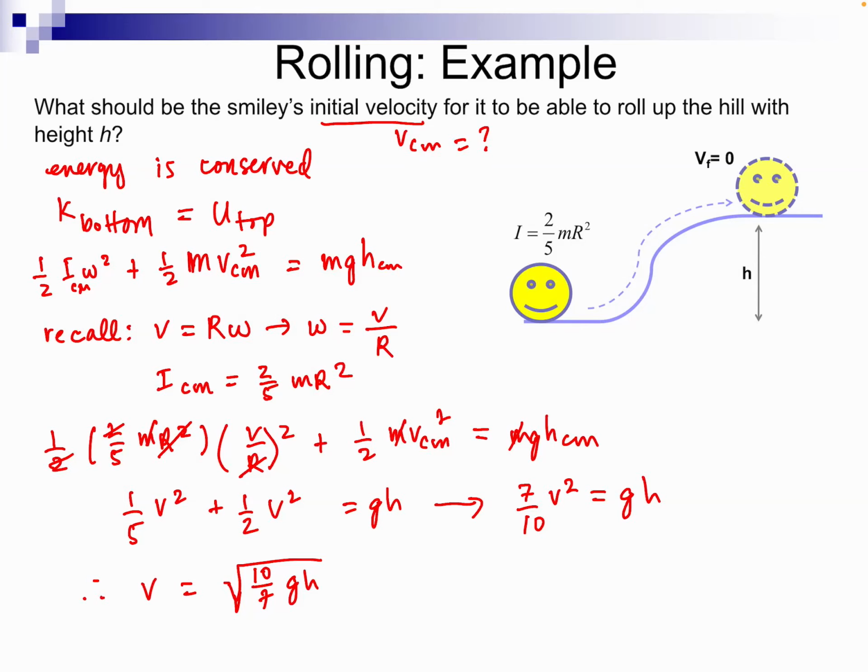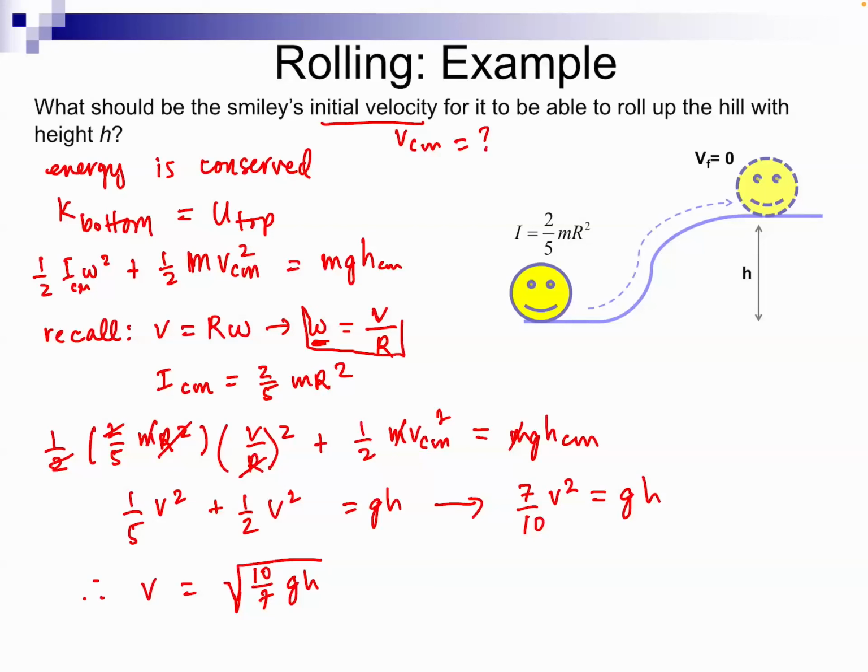Good. Right, did we follow the solution here? Okay, yeah. So it's still conservation of energy. There's just this added complication of adding the rotational motion. And then remember that angular speed needs to be expressed in terms of linear speed.